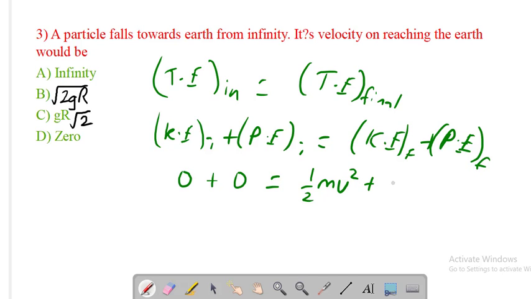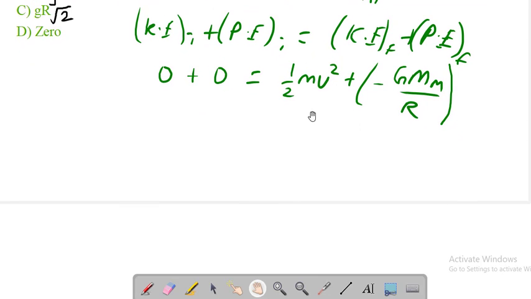Now regarding the potential energy, we have the expression GMm upon r. Because the left hand side is 0, we only have the right hand side. So we take this half mv square to this side, so it becomes minus half mv square equal to minus GMm upon r.